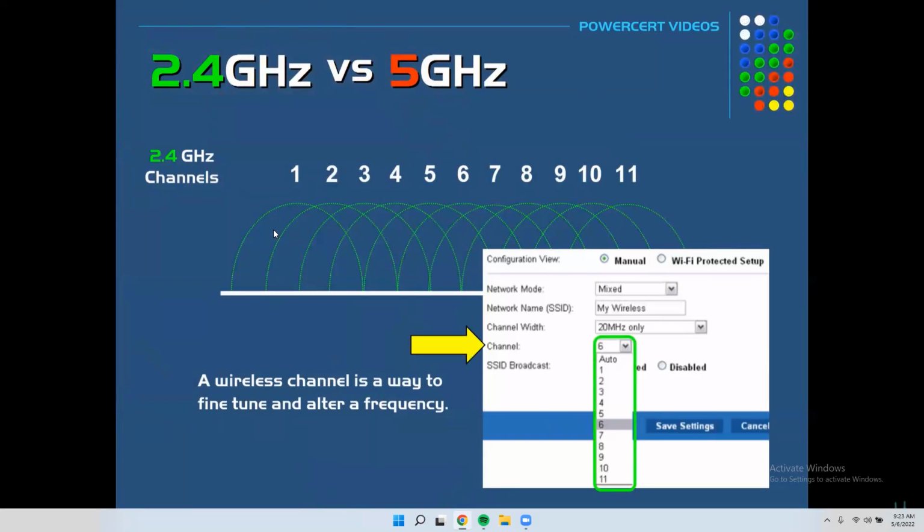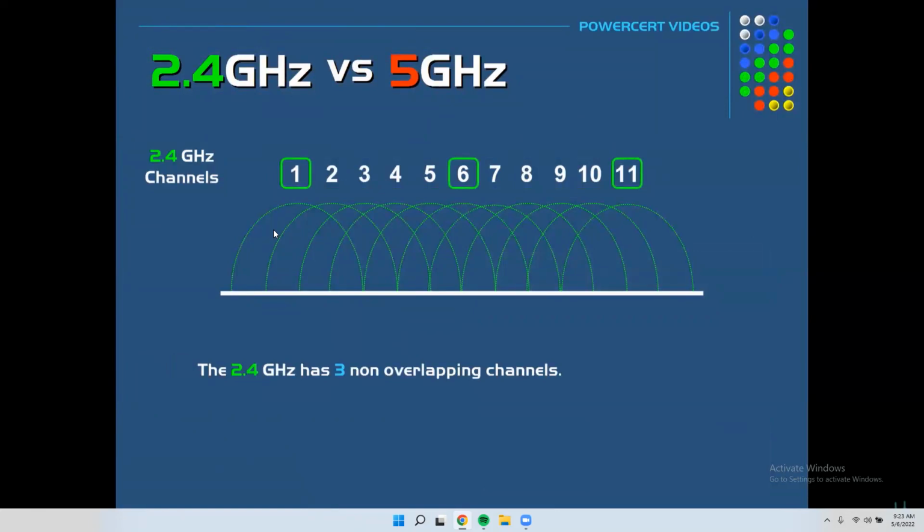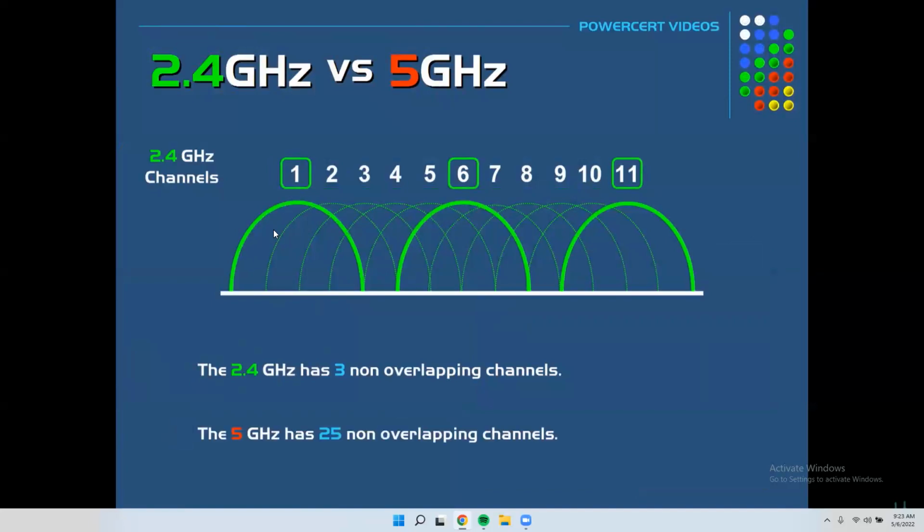The 2.4 GHz band has 11 channels to choose from, but of these 11 channels, only 3 are non-overlapping. So basically you have 3 solid channels to choose from. But the 5 GHz has more channels. It has 25 non-overlapping channels.